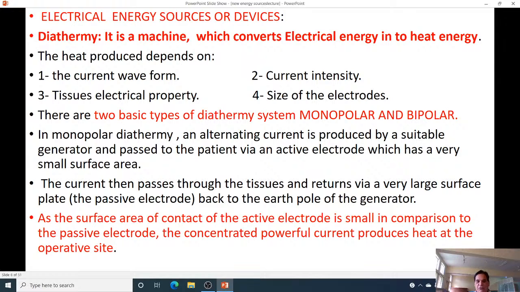The surface area of contact of the active electrode is small in comparison to the passive electrode, a huge gap from 1 to 100 times. So the advantage is that the concentrated powerful current will produce heat only at the operative site. From one small point it will enter, heat is produced, and the rest of the electricity is diverted to the ground through the passive electrode. This is for monopolar.